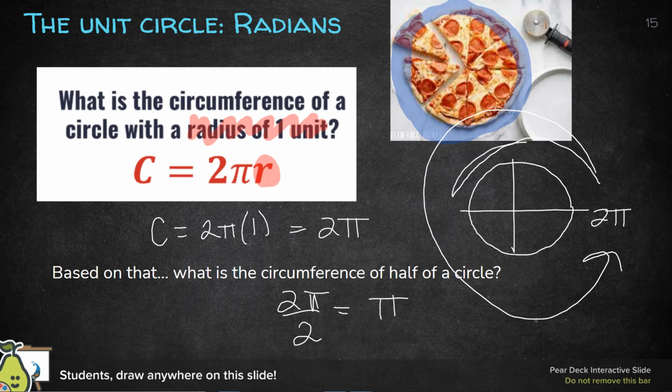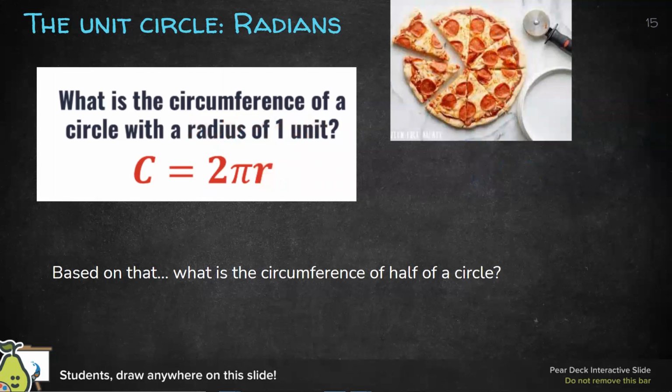So halfway into my radian pizza, I'm going to have pi. Remembering that radians is just this arc length, in half of a circle it's pi radians, and in a whole circle we have 2 pi radians. We're going to use this to break down the radian measures of our unit circle.